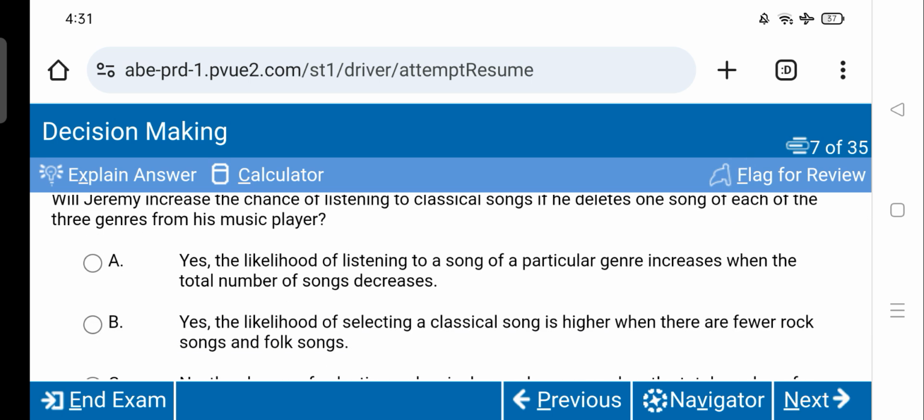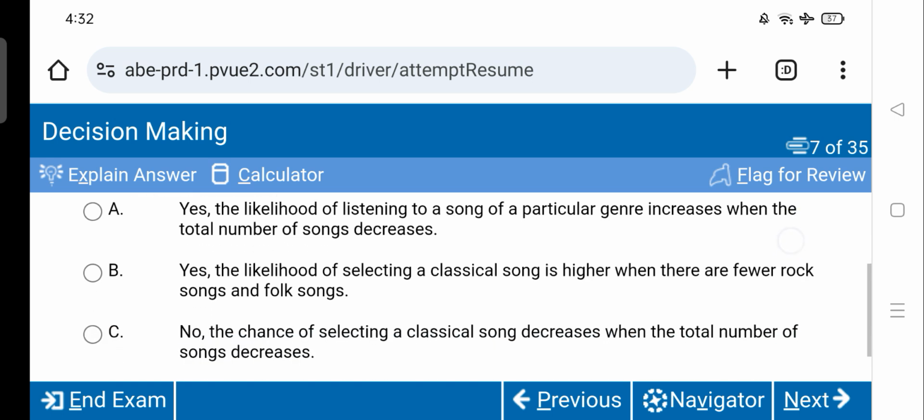Option A, yes. The likelihood of listening to a song of a particular genre increases when the total number of songs decreases. Option B, yes. The likelihood of selecting a classical song is higher when there are fewer rock songs and folk songs.